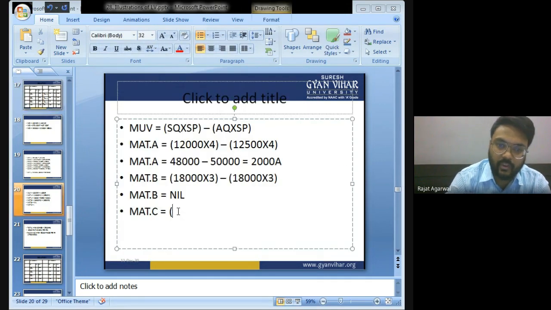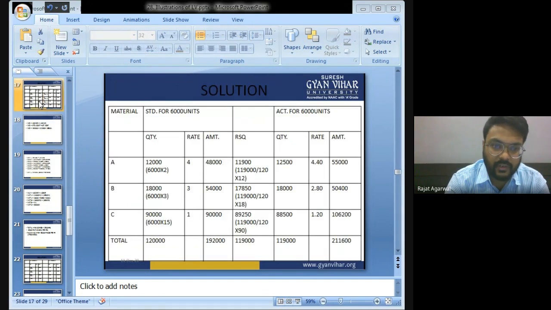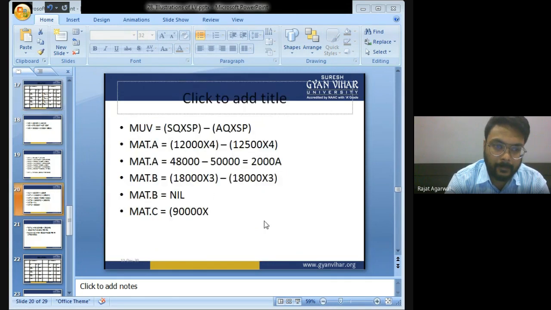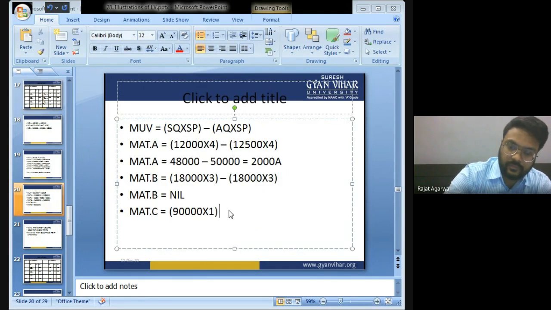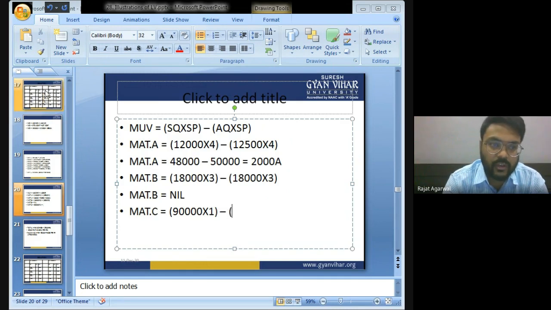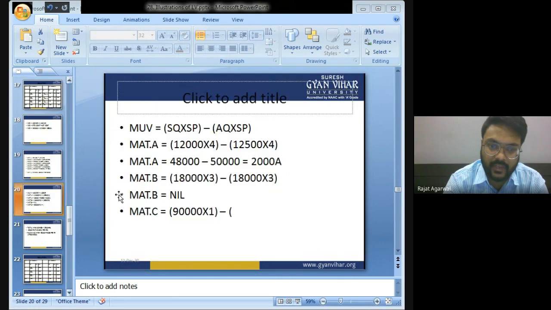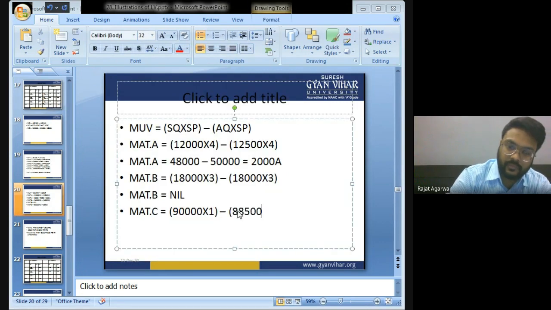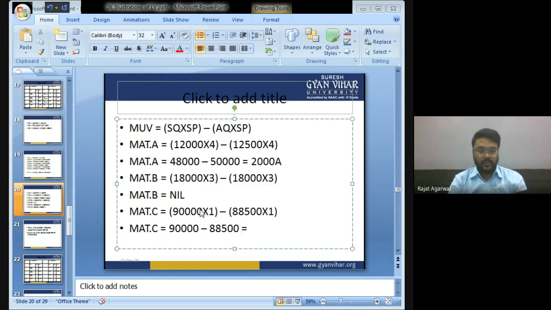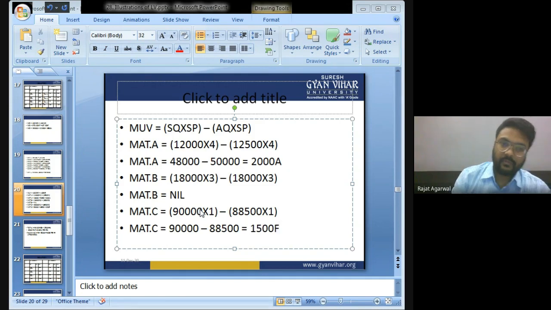Standard price of C is 1. Actual quantity of C is 88,500 into standard price 1. 90,000 minus 88,500 is 1,500 favorable.